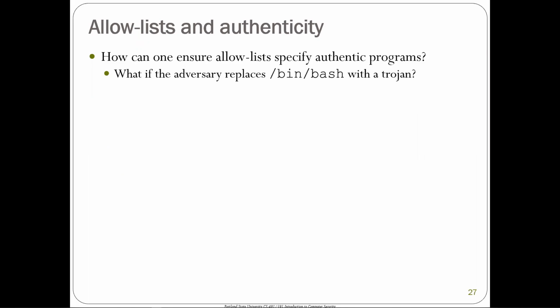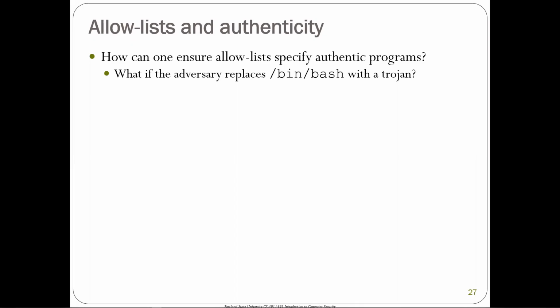Allow lists have an issue here. How do you ensure allow lists specify authentic programs? And what happens if the adversary replaces this legitimate program with a Trojan? You need to make sure that you do something not just on the allow list that says these programs are blessed.